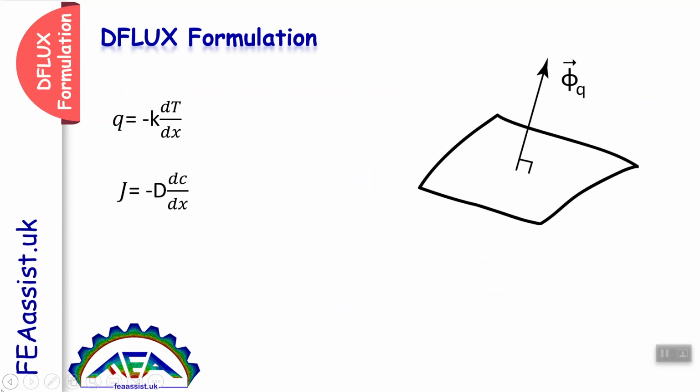Or for mass diffusion problems, it is a function of concentration with respect to x. And in mass diffusion problems, flux is the amount of objects, the amount of atoms, the amount of molecules, the amount of moving objects transferring through a unit of area in a unit of time.